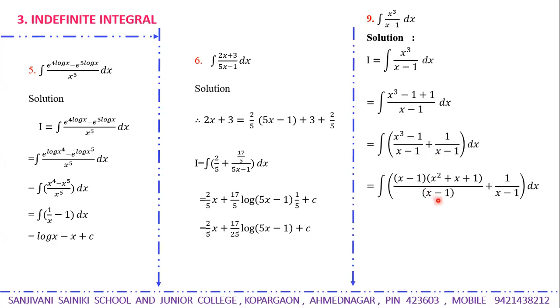You will get a cube minus b cube as (a minus b) into (a square plus ab plus b square). So this factor will cancel and we get x square plus x plus 1 plus 1 upon x minus 1. So taking the integral, the integral of x square is x cube upon 3, integral of x is x square upon 2, and integral of 1 is x, and integration of 1 upon x minus 1 is log of x minus 1 plus c.